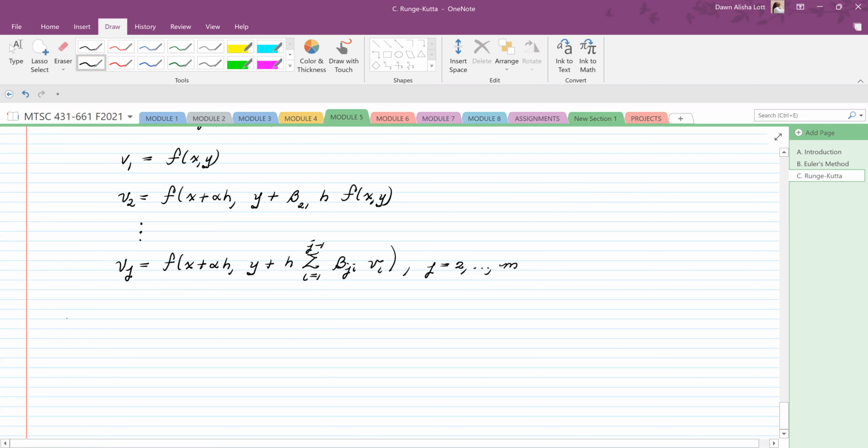So here Cj, alpha and beta ji are chosen to make the leading terms in the truncation error equal to 0.